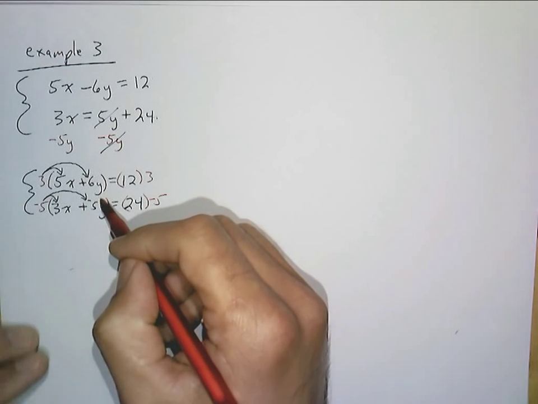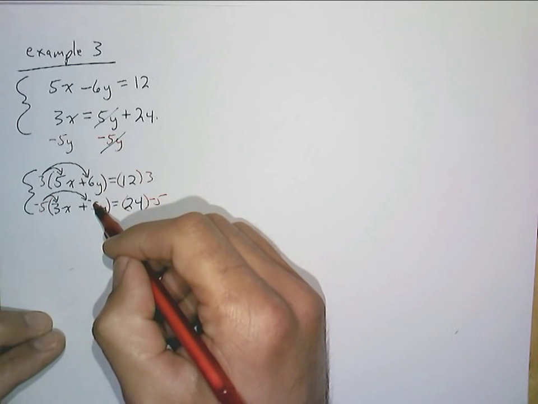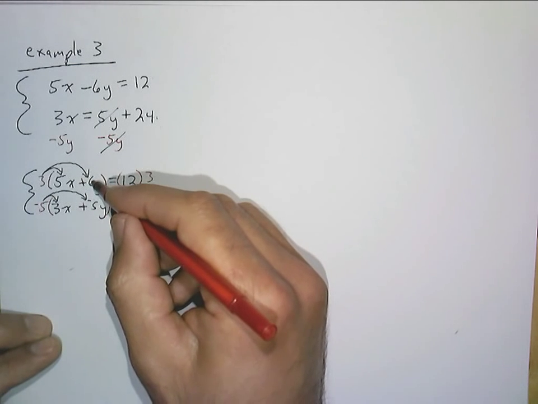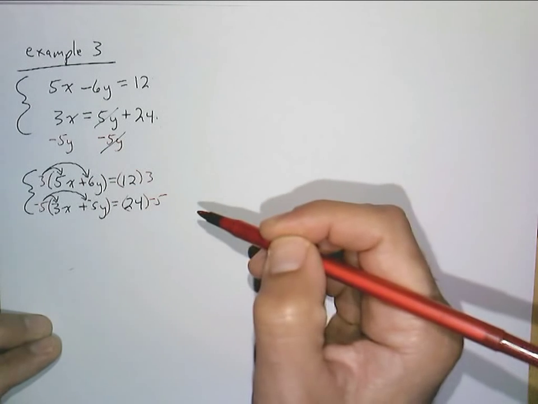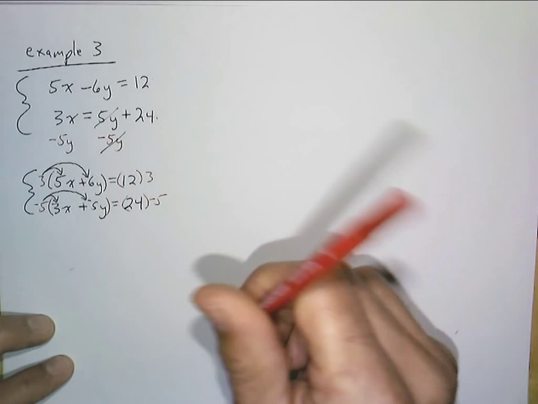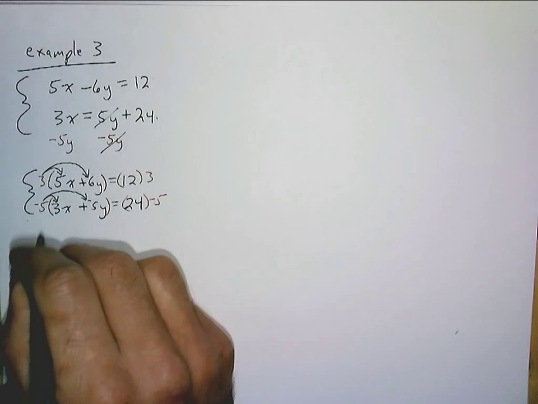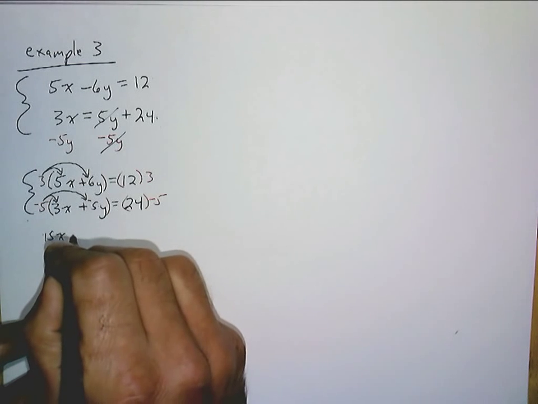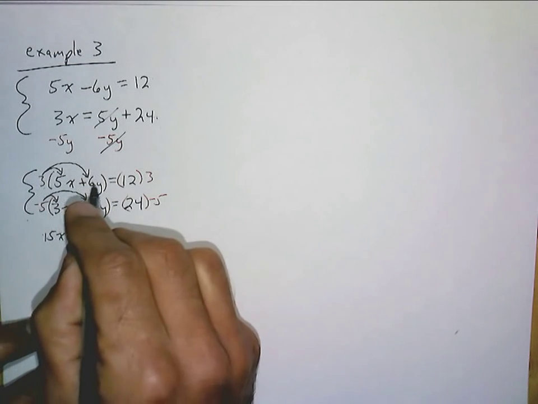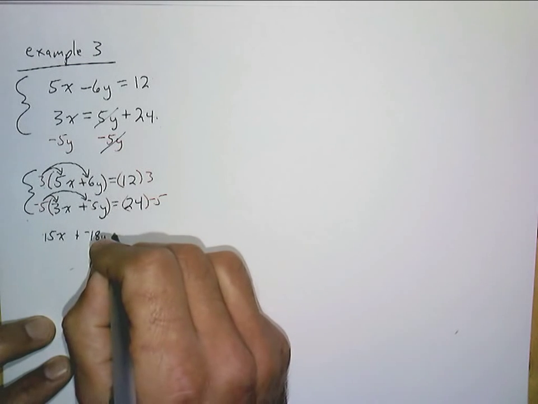So you are going to have to apply the distributive property. You could have done the same thing to get rid of the y's. Now we had negative 6 and negative 5. If you multiplied, say, this one by 5 and this one by negative 6, then we would be able to get rid of those. So you just have to think about it a little bit. So let's rewrite this now. 3 times 5x is 15x plus 3 times negative 6y is negative 18y.